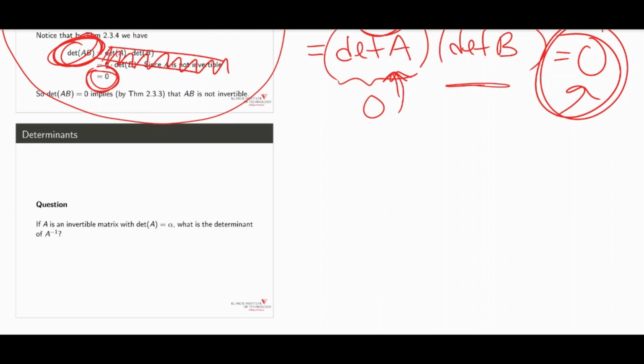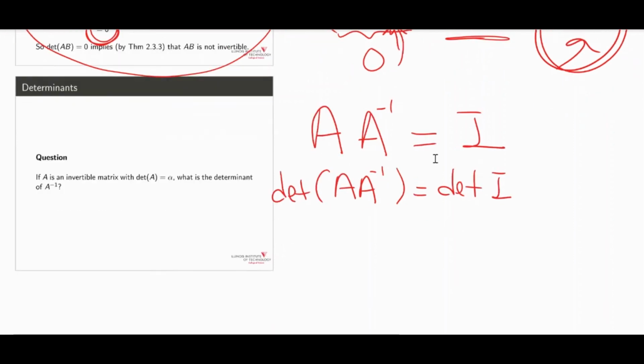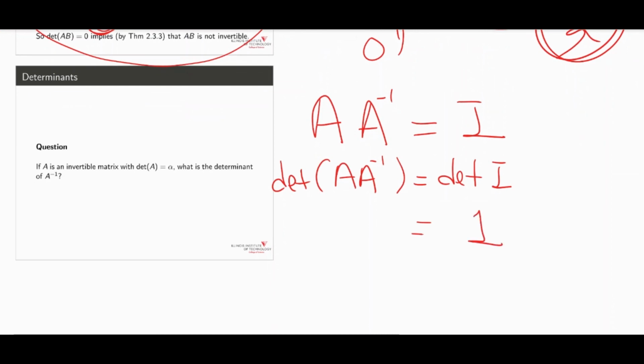So now the hypothesis is that A is invertible. So A multiplied by A inverse equals the identity matrix. That's the definition of invertibility of a matrix. Now let's take the determinant of this matrix, A A inverse, and that is the determinant of I. And the determinant of the identity matrix is 1, that's obvious.